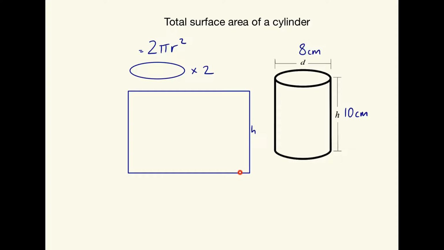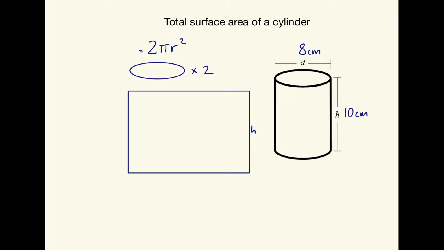What's the length? Well, it turns out if you unravel this cylinder, from here to here, this part here that we're circling is in fact the length of the rectangle. So if you imagine this unraveling, this part here is just the length. So this corresponds to this.